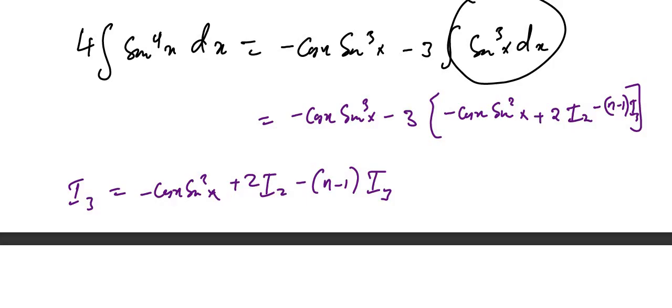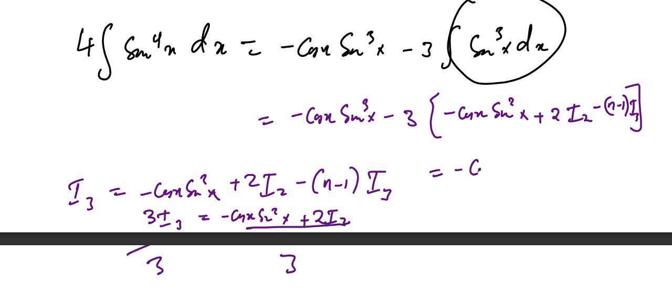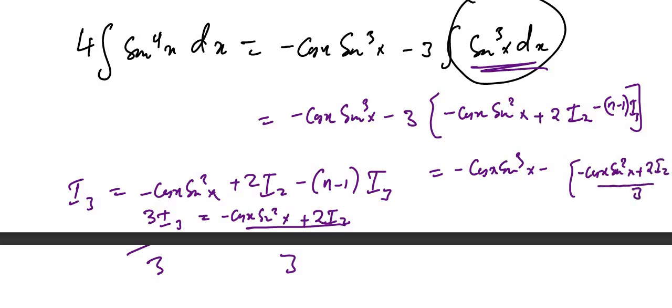We can take this on the other side. This is a 2, that's going to be a 3 I_3, negative cos x sine squared x plus 2 I_2. So wherever there is this, we can replace it with, if we divide by 3, negative cos x sine^2 x plus 2 I_2, everything over 3.